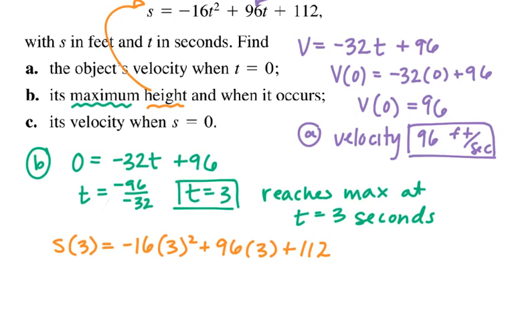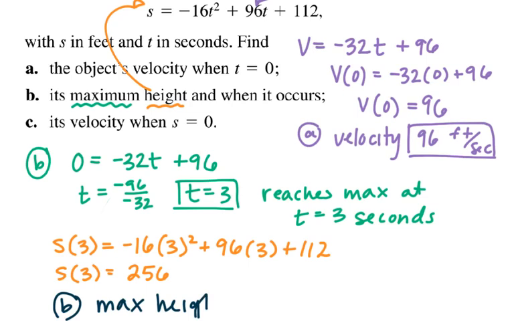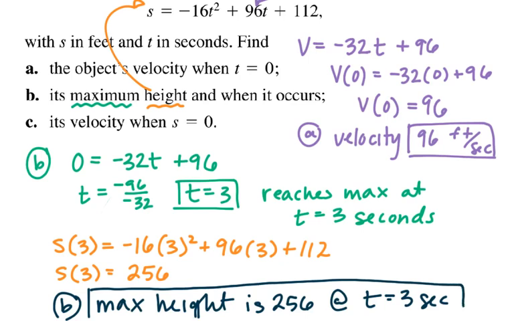Evaluating this, I get that s of 3, I get a value of positive 256. So answering part B, we'll say the max height is 256 at t equals 3 seconds. All right, and remember the max or min value is y. It occurs at x.